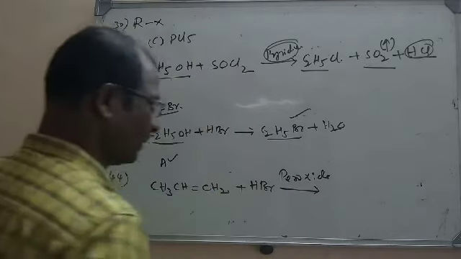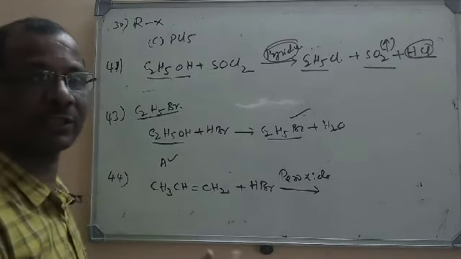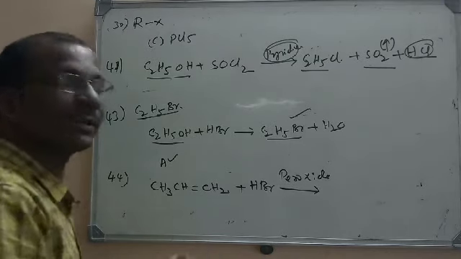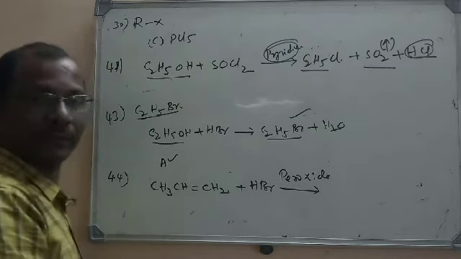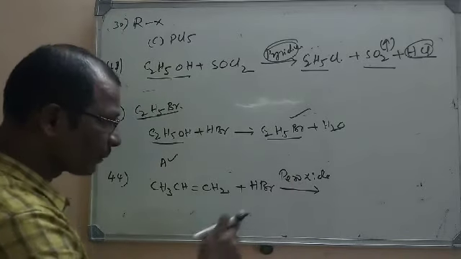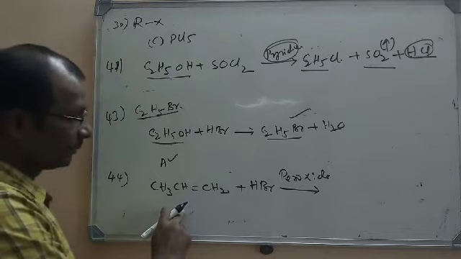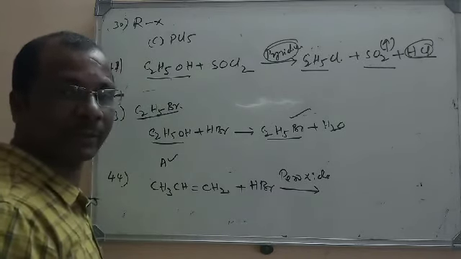So what is the product here? Actually it is the anti-Markovnikov rule. A reverse product to the Markovnikov rule will be formed here, because the mechanism is a free radical mechanism. According to the Markovnikov rule, in the absence of peroxides or sunlight, Br would have been added to the second carbon here. But now it is proceeding according to the Kharash effect or anti-Markovnikov rule.